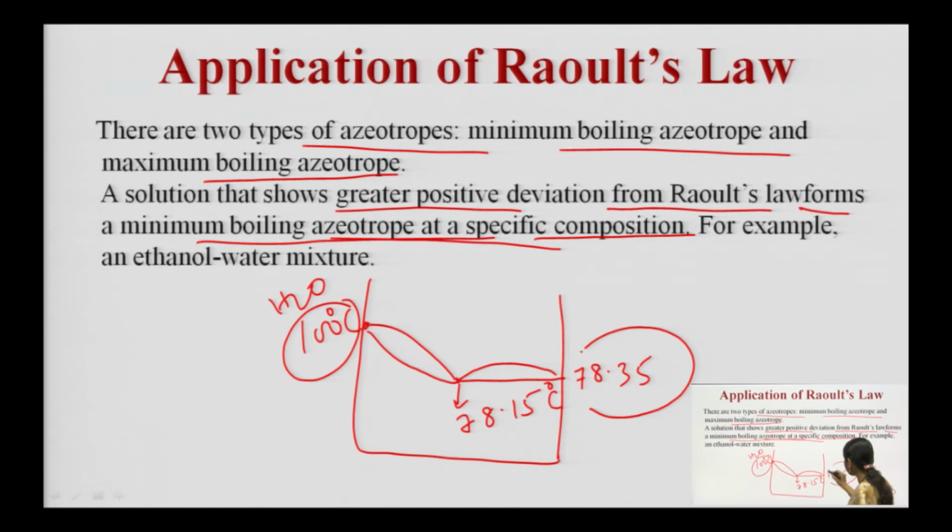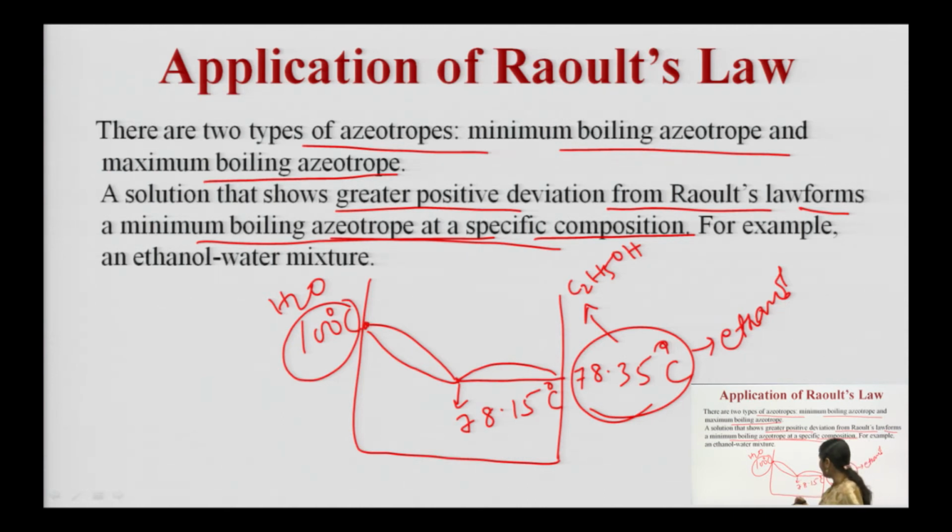And at this point, it starts boiling together at a constant composition, that is, it contains 4.03% of water and the rest, 96%, of ethanol.